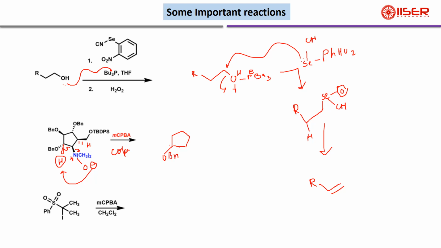It will give a double bond here. The stereochemistry of the rest of the carbons will be the same, so I am not drawing it. The next step, what will happen? In presence of MCPBA, this iodine will be oxidized. So see, this sulfur can't be eliminated.